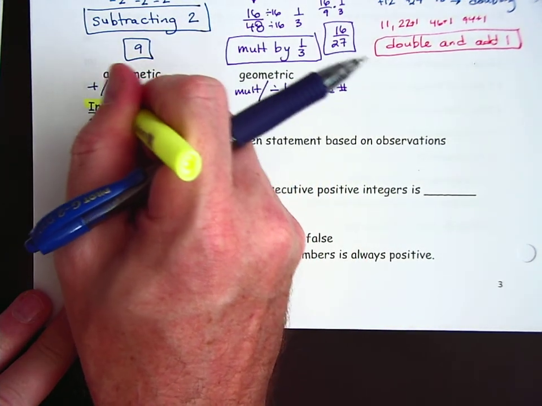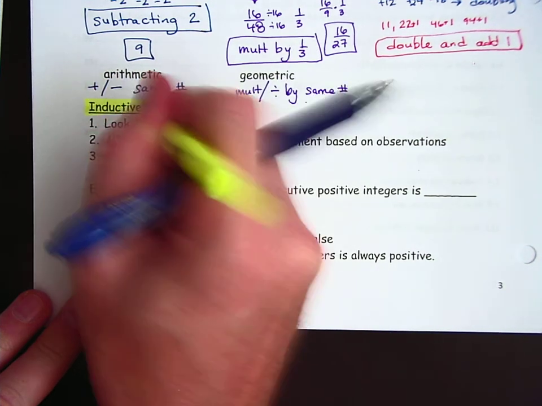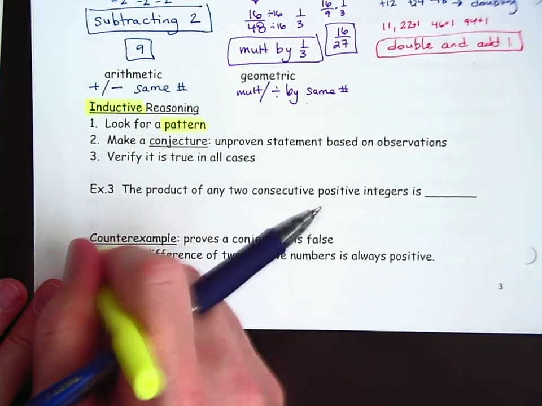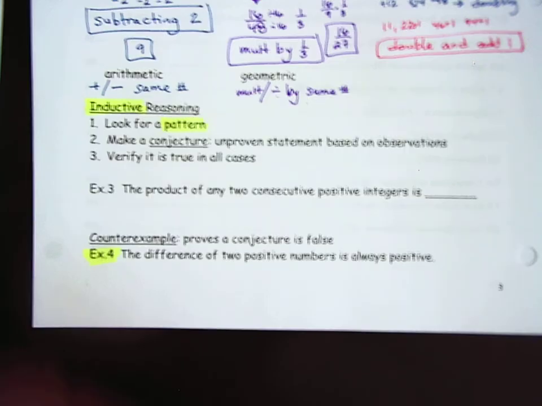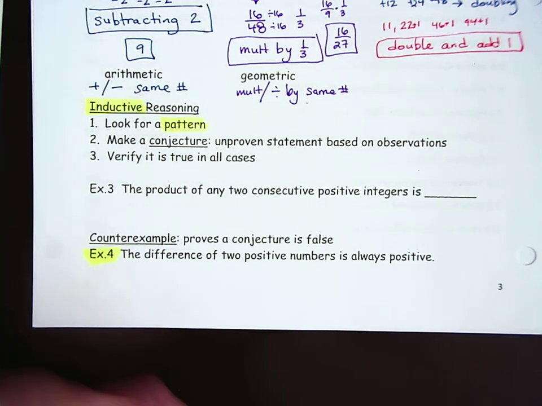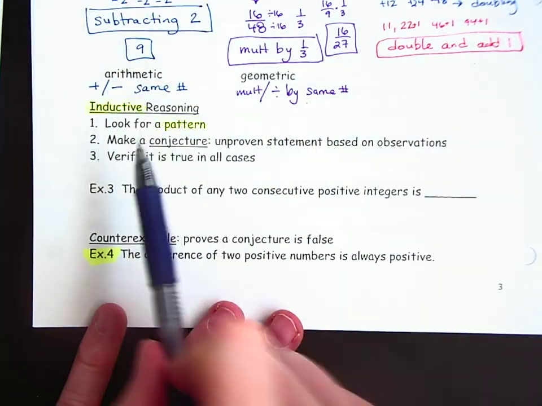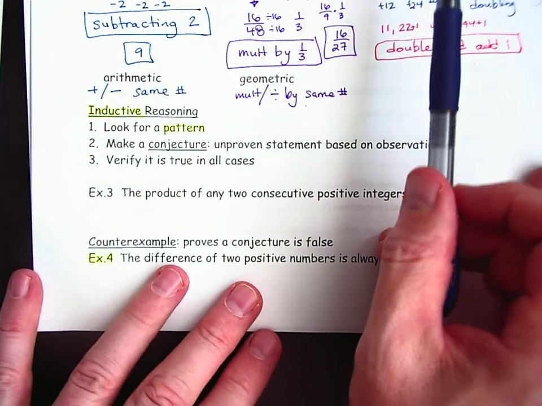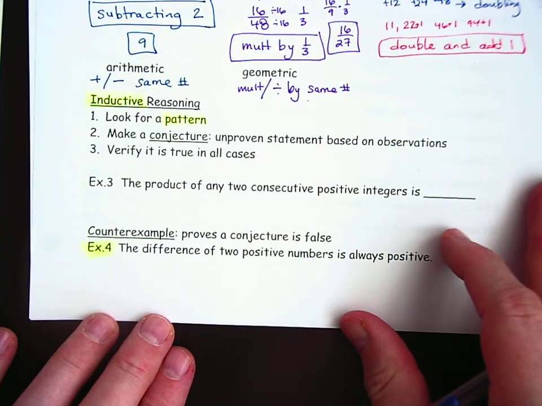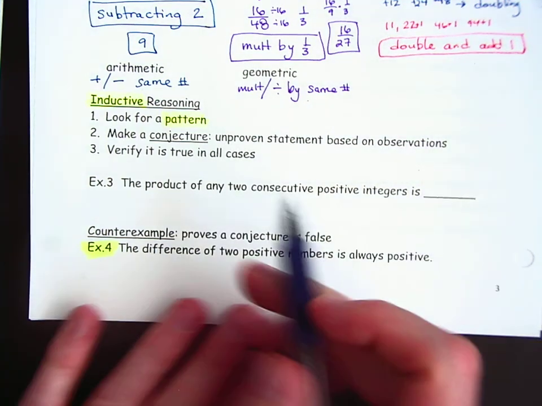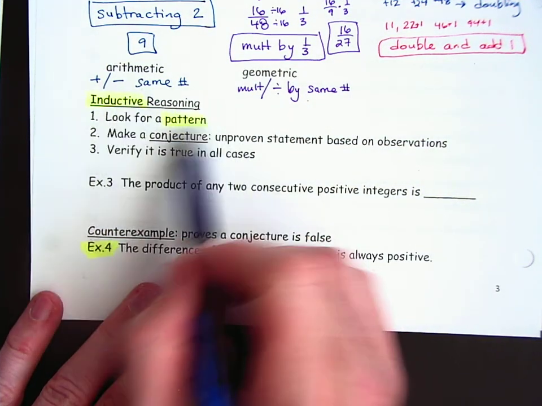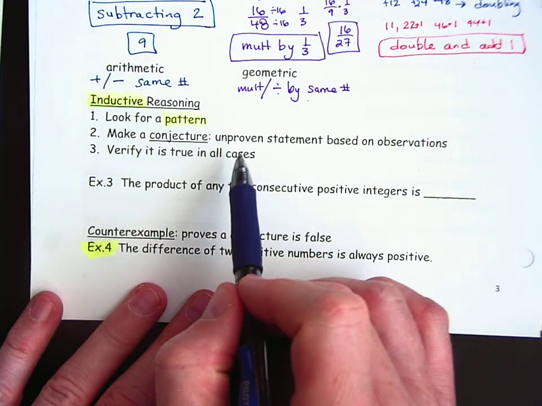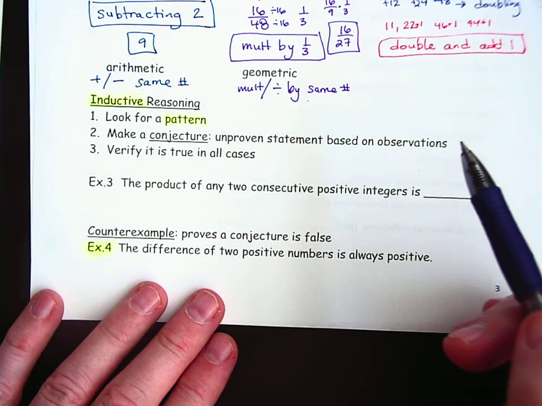So really what you want to memorize is inductive means that there's a pattern. That's what you want to focus on. If they're asking you about inductive reasoning, you're trying to see if there's a pattern or not. To use inductive reasoning, look for a pattern. Make a conjecture. A conjecture is an unproven statement based on observations.